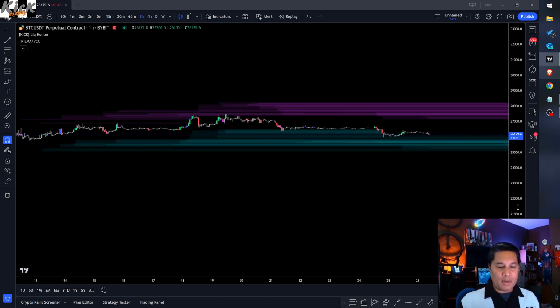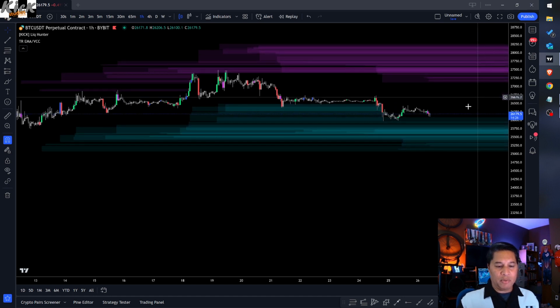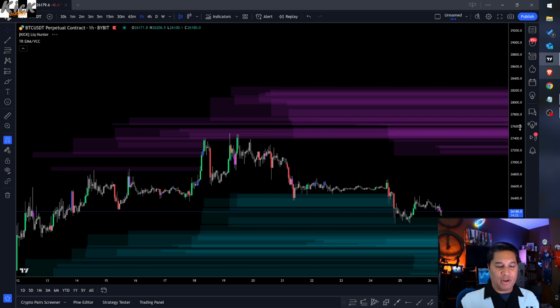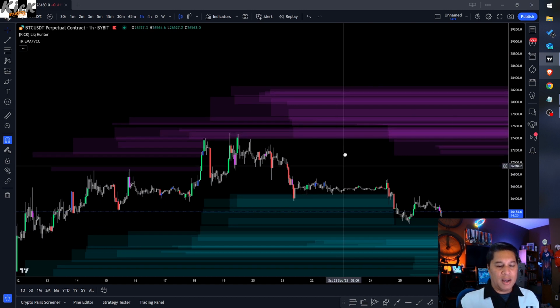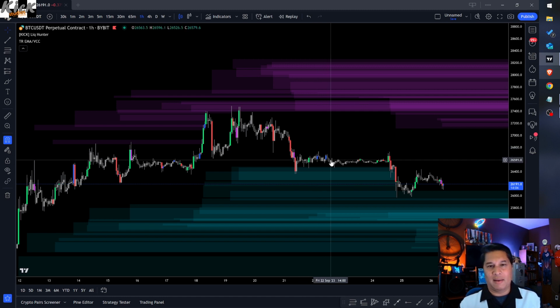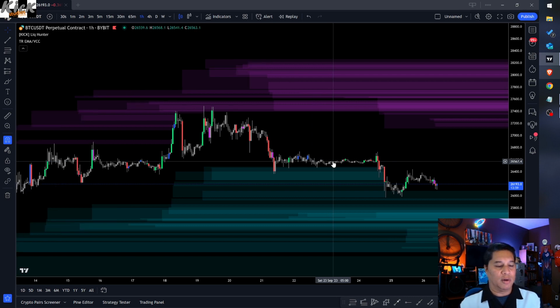And one of the things, as I'm going through this, you might notice is that the zones actually change as I move the chart around. This is both a performance optimization, so that TradingView doesn't get bogged down and only shows you what's visible on the screen, but it also allows you to only have the information that you need on the screen and not be overwhelmed with a ton of things.